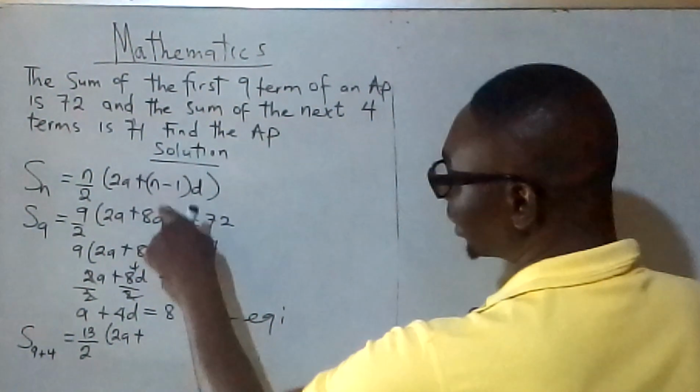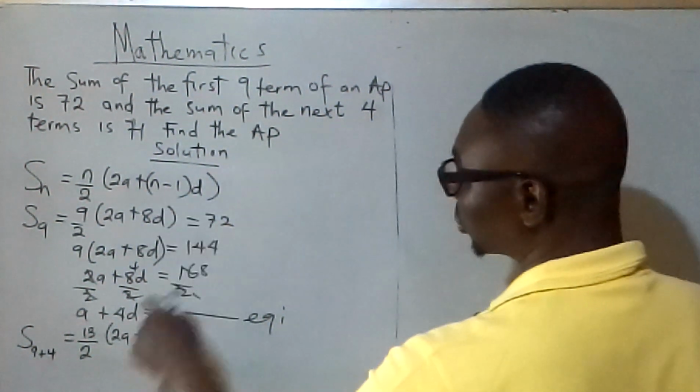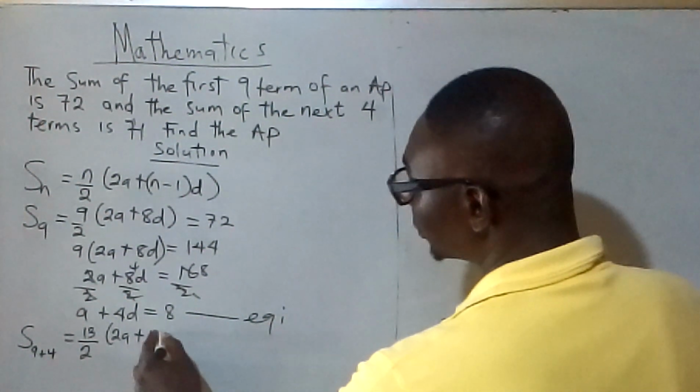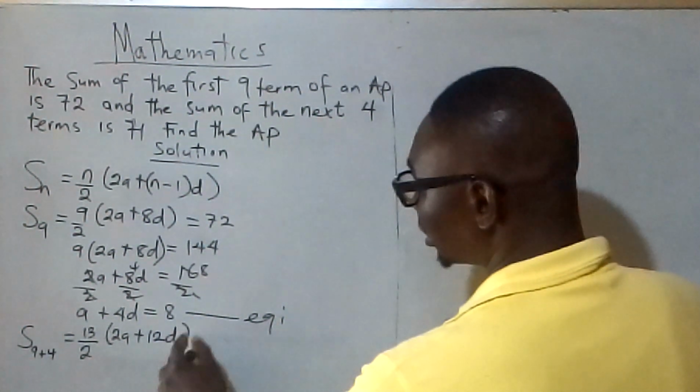plus, of course, 13 terms. Our 13 terms is the n, so n minus 1 is 12. So we now have 12d.